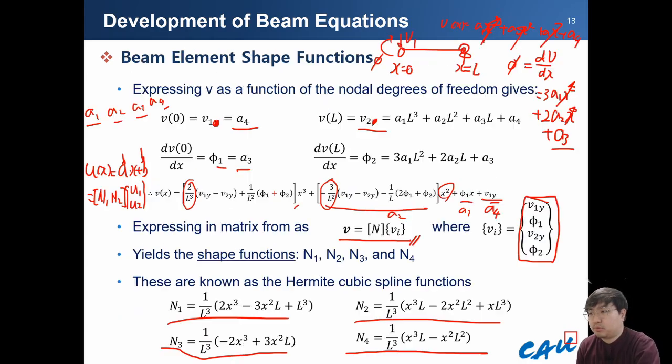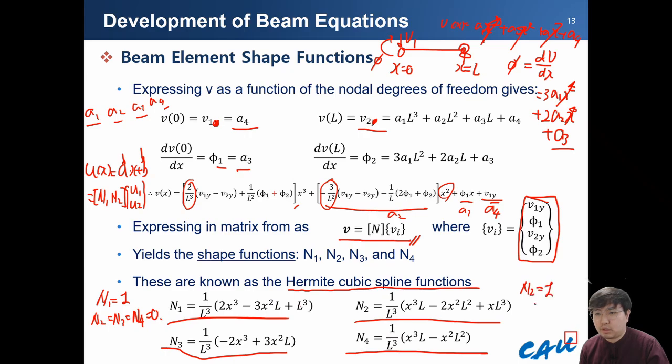Before we go further, we should check some relationships. These are the Hermite cubic spline functions, and they have some relationships. Each shape function becomes 1 when its coefficient, a1, is equal to 1; at that time, a2, a3, a4 become 0. Similarly, when a2 equals 1, a1, a3, a4 become 0.